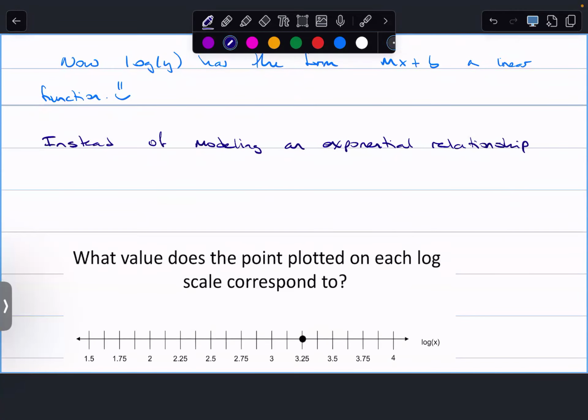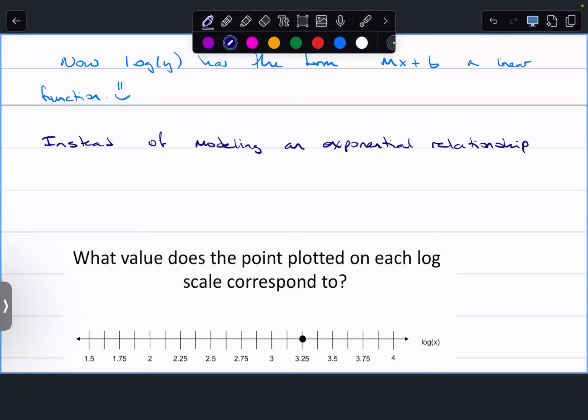I would say it's kind of residual from when we didn't have software doing all the work for us. Now in Excel, you can just tell it to fit an exponential function to your data. So it's not hard anymore, but it used to be very difficult.